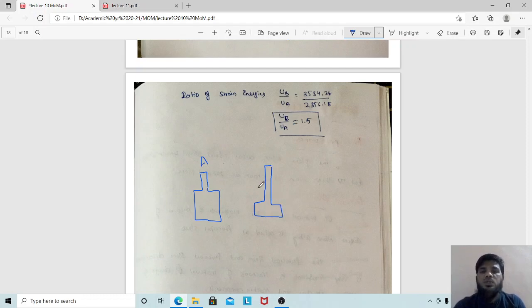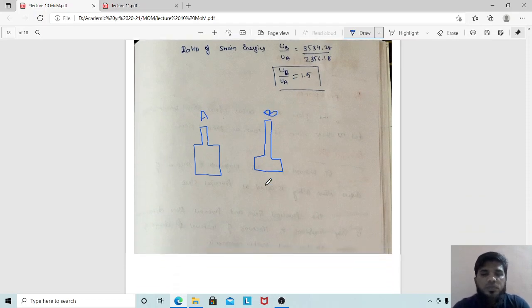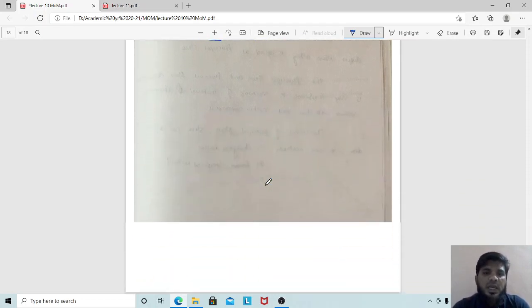So among these two, what they have observed is that this will absorb more energy compared to this. A section will be absorbing less energy, but B section will be absorbing more energy since it is of small thickness and the diameter is lesser. Okay, this is what they wanted to explain to you.